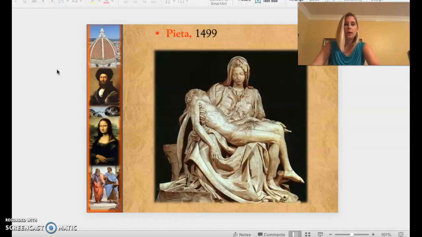It's the only work that Michelangelo actually signed. You can't see here, but on her satchel, he's got his signature there.